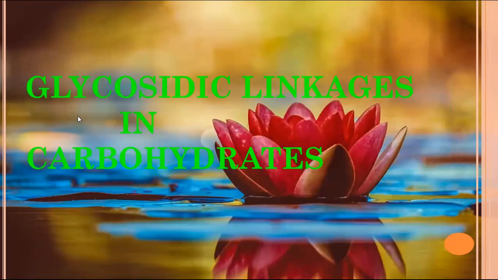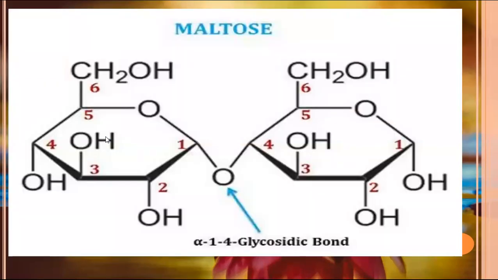Now let's discuss how glycosidic linkages form in carbohydrates. Carbohydrates bind with the glycosidic bond, which is present between 2 sugar molecules. On this board, we discuss the glycosidic bond in maltose formation. Here are the sugar molecules.